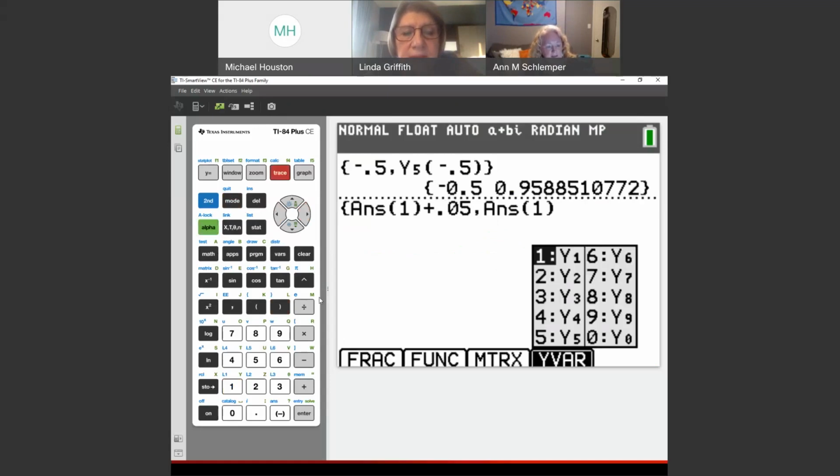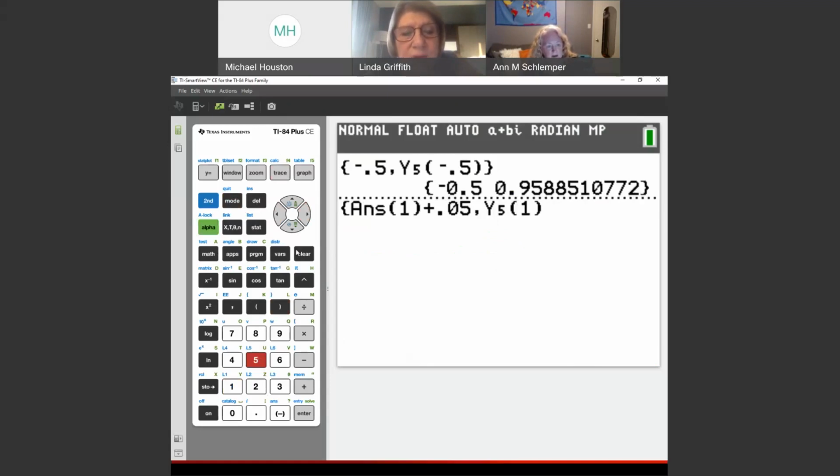I love it when I make mistakes. So now we want to put answer 1. It's much quicker if you're not making mistakes, but it's worth it in the end when you see what happens. Then close your parentheses and then plus 0.5. Okay, now close the parentheses, close the brace.